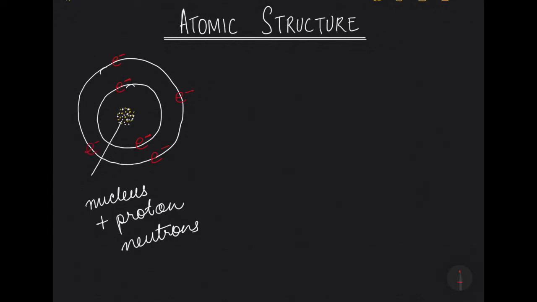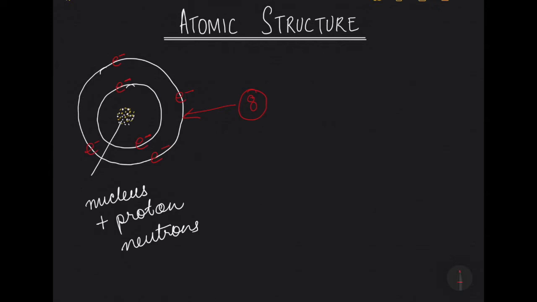The second orbit cannot hold more than 8 electrons. Maximum electrons it can hold: 8 electrons. So beyond that, if the second orbit has more than 8 electrons, the ninth one will jump to the next level. So here you can see this is the basic structure of the atom.